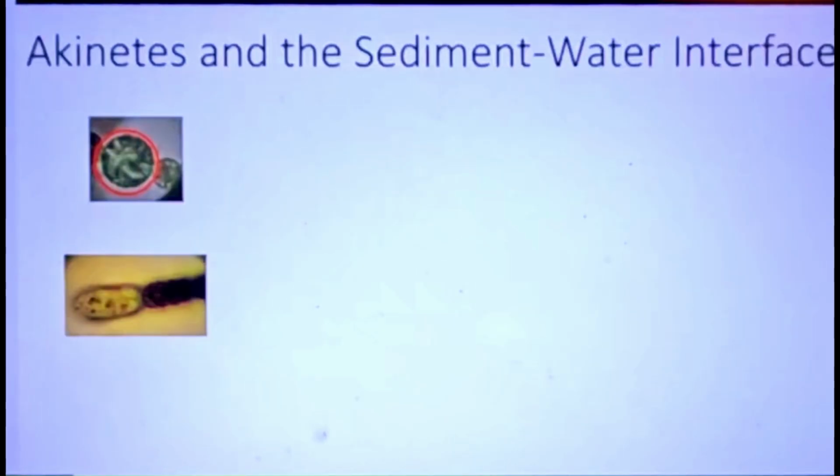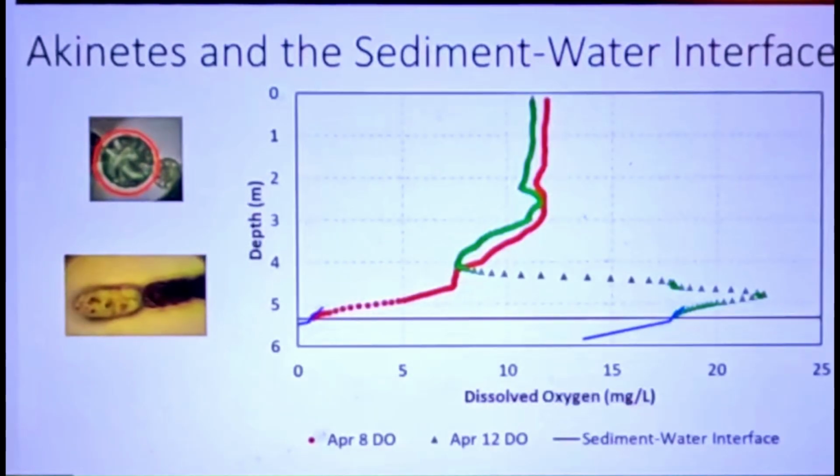So why is this important? Remember the actinides I told you about? This is where they are a key player. Those actinides are known to sit on the sediment and wait for perfect conditions.